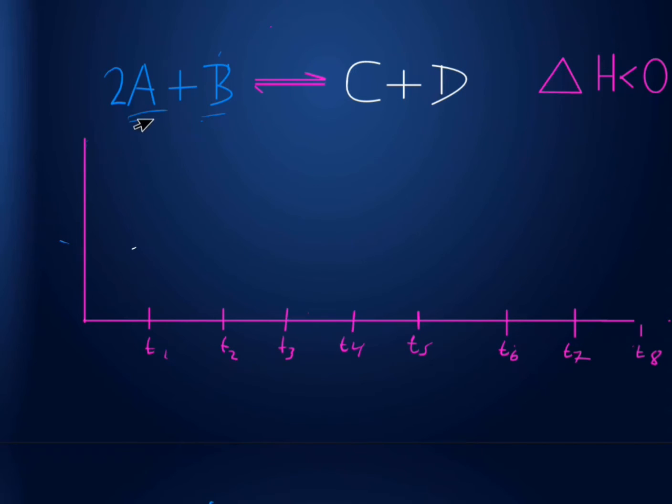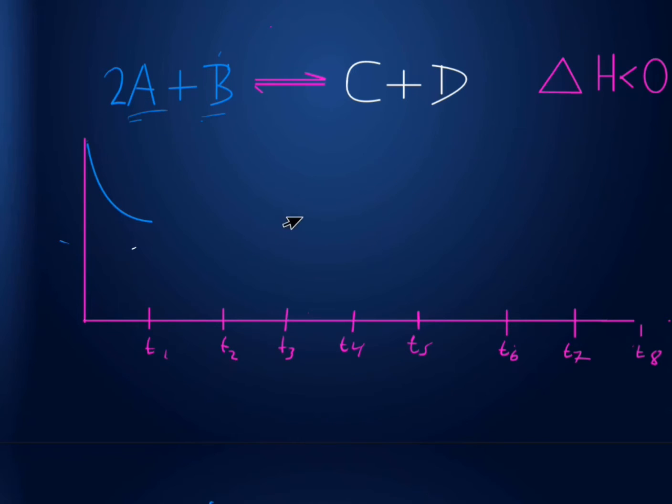Because the concentration of these is initially high, the rate of reaction will also be initially high, because according to collision theory, the higher the concentration, the higher the rate of reaction. But as concentration decreases, the rate of reaction will also start decreasing up until equilibrium is established. So this is what we'll have. Therefore, the forward reaction always goes down, right? Because the rate will decrease as time goes on, since the reactants are being used as time goes on.